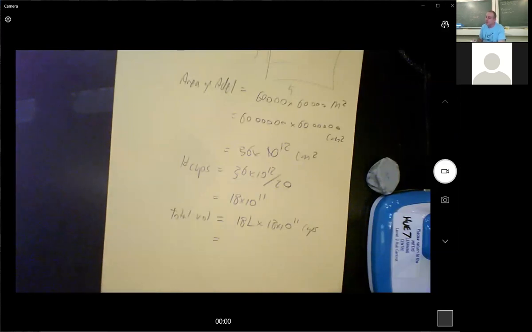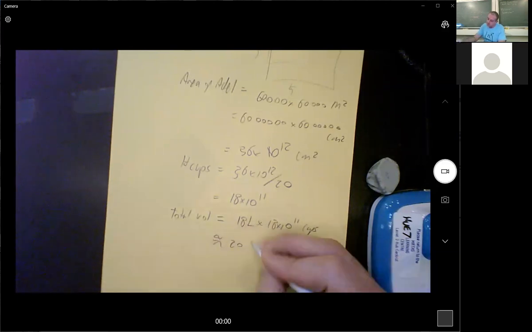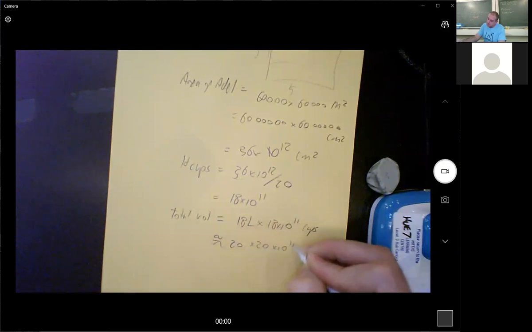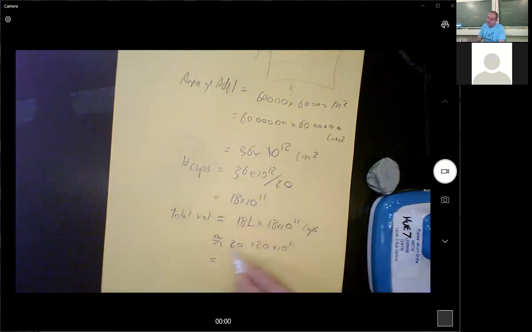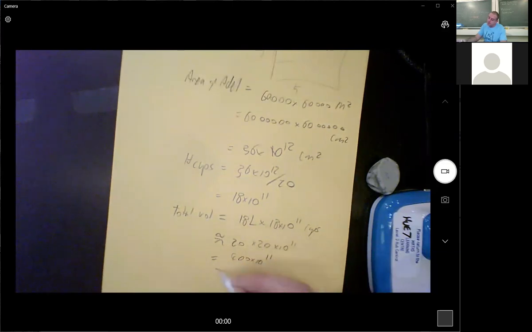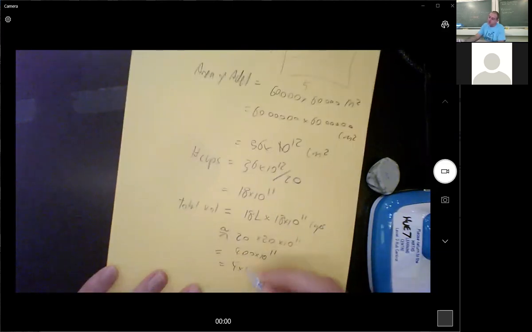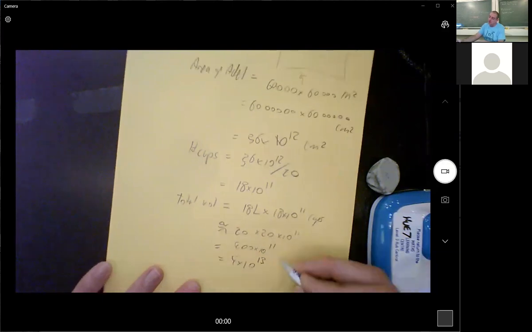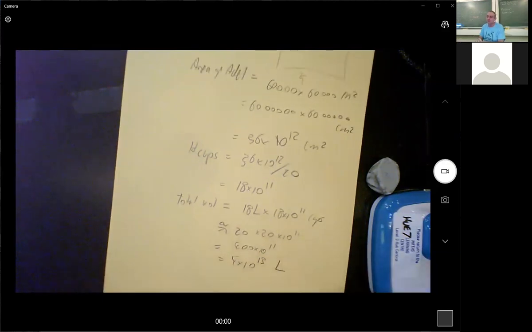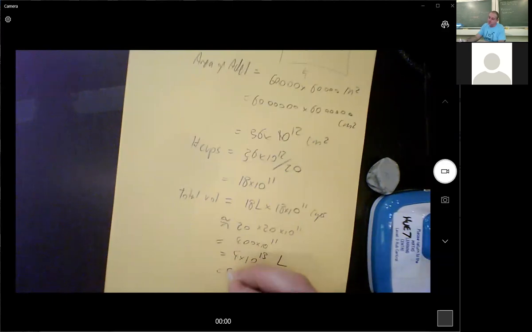So 18 is nearly 20. So 20 times 20 would be 400, which would be 4 times 10 to the 13 liters, which would be 4 times 10 to the 10 megaliters, because a megaliter is worth 1,000.